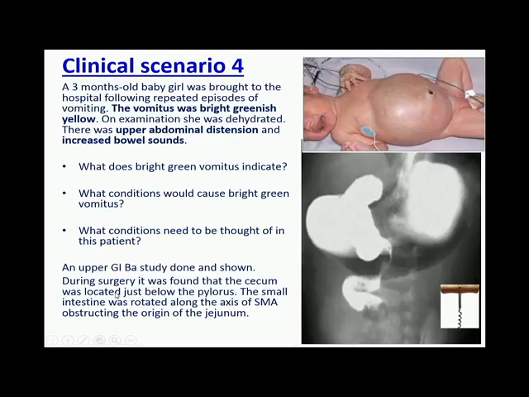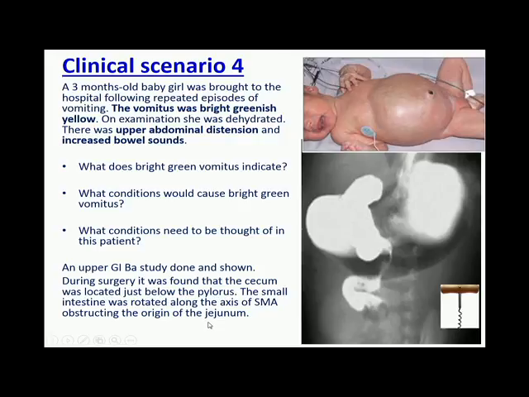And this is what was found during surgery: the cecum was located just below the pylorus. The cecum is usually located here, but in this baby it was located just below the pylorus. What was the problem? The cecum has not descended. And the small intestine was rotated along the axis of the superior mesenteric artery, obstructing the origin of the jejunum.